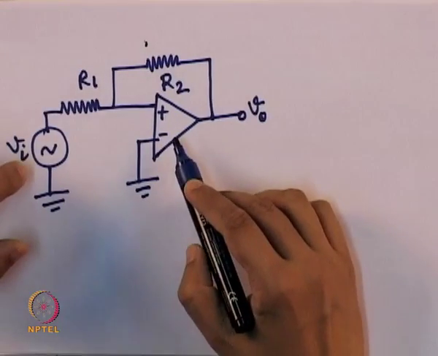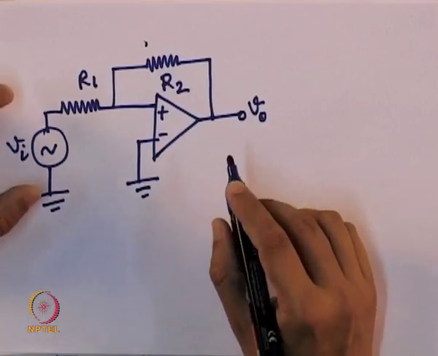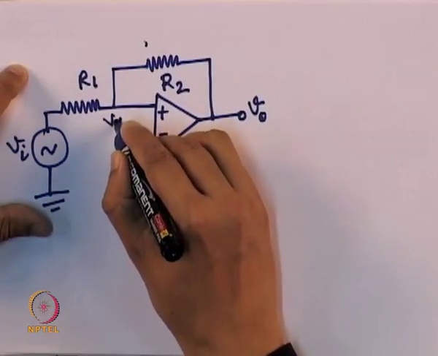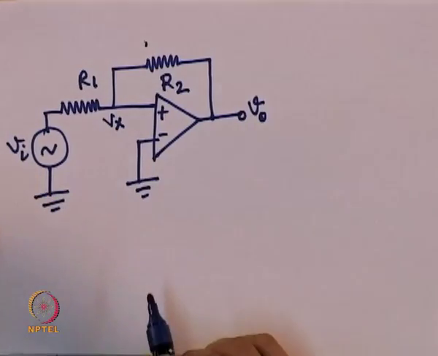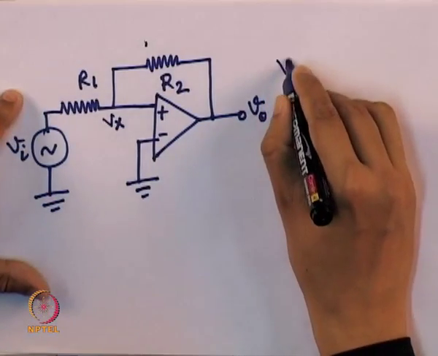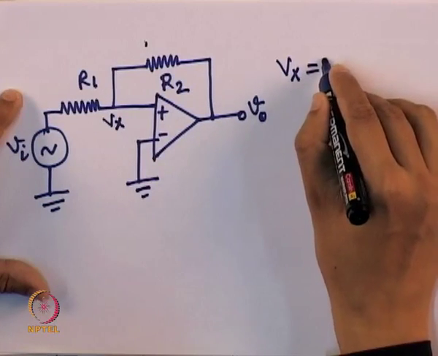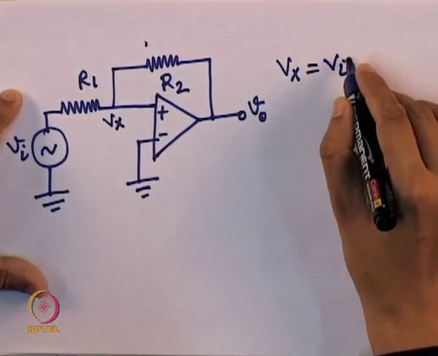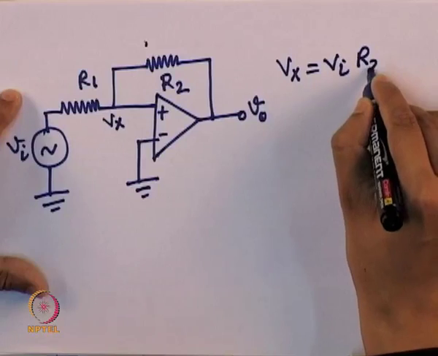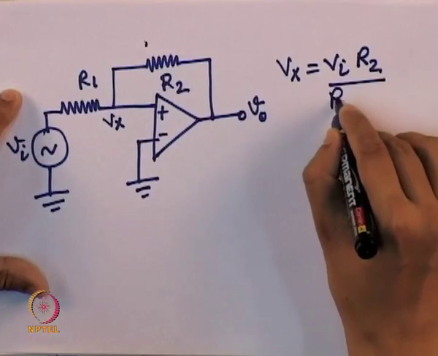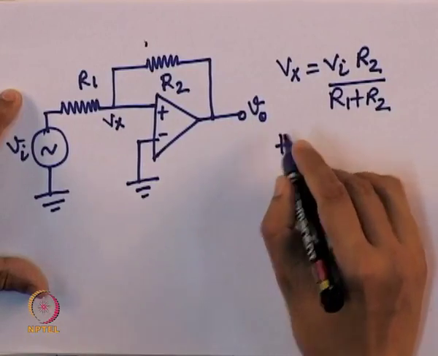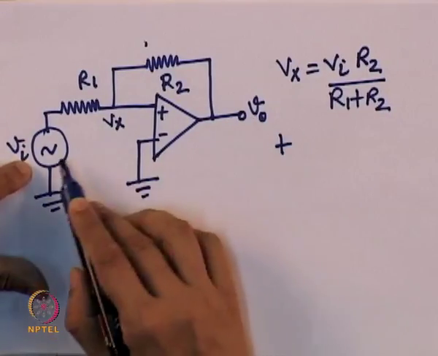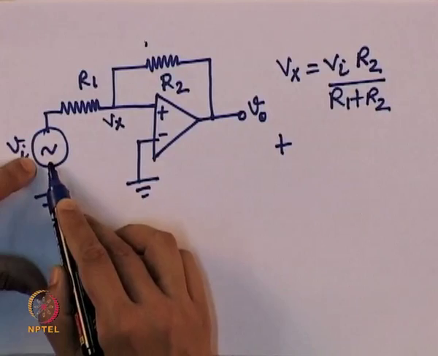Now, in this case it will be slightly different. The Vx value here is a combination of Vi and V0. Okay. So, Vx here will be given by Vi times R2 upon R1 plus R2, plus the contribution of Vo, which is obtained by shorting Vi.